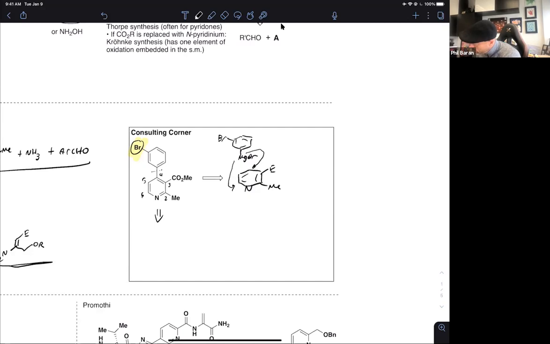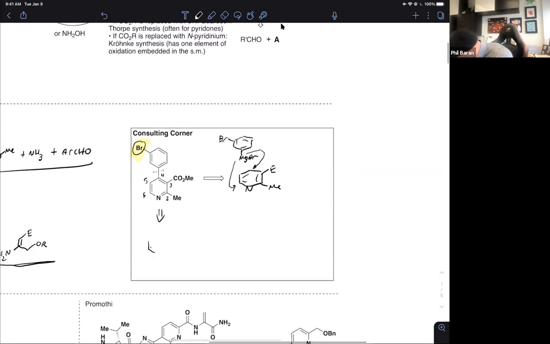So I was thinking we could do a 1,5 carbonyl. And that would come back from what? Like a conjugate addition. Great.